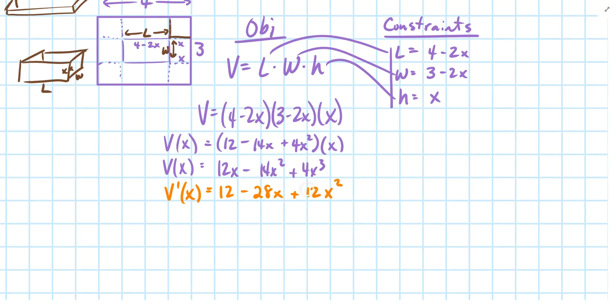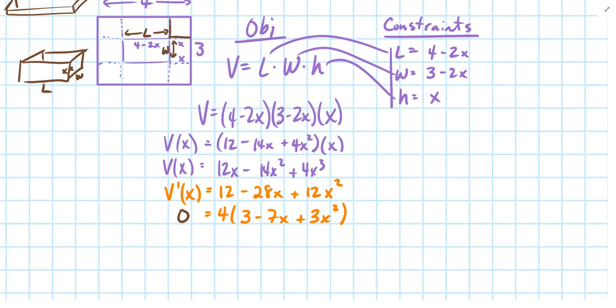I'm a little bit nervous about this result. There is a common factor, but it's only 4, and that leaves us with 3 minus 7x plus 3x squared. And I'm trying to imagine when this expression is going to equal 0, and I'm afraid that this is not factorable. This non-standard trinomial doesn't have factors to it.